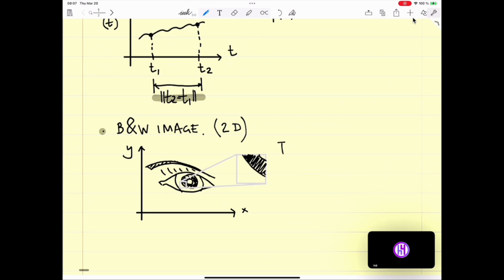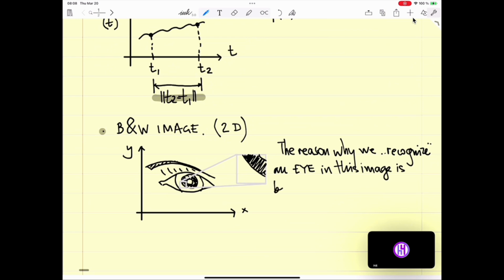The reason why we recognize, and this is an important word we will use later on when we study deep learning, the reason why we recognize an eye in this image is because the pixels are organized in space, a two-dimensional space.